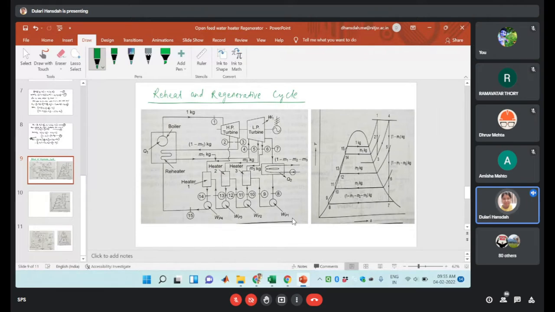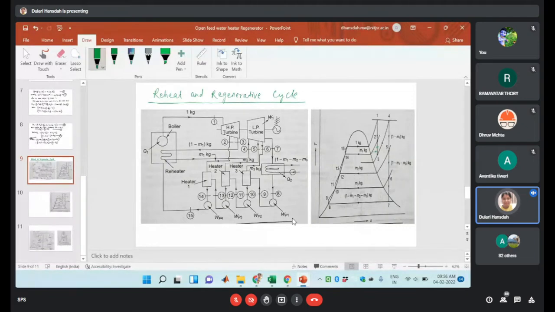Suppose at point 2, m1 kg of steam is drawn, then from 2 to 3 the amount of mass expanding will be 1 minus m1 kg of steam. So here it is 2 to 3, if you are observing, where 1 minus m1 kg of mass is expanded up to point 3.